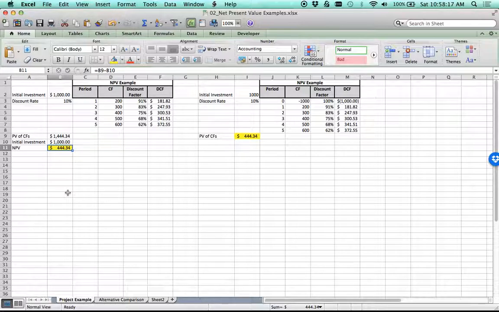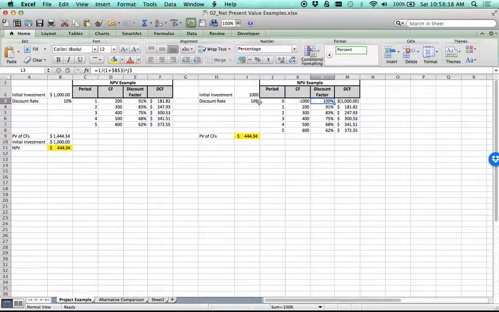Now, I just want to make this point to you. If we were to just do a regular present value on this project, instead of having that investment set out separately, we would say, oh, in period 0, we have a negative cash flow of 1,000. We have positive cash flows, just like in the other project, out to year 5.